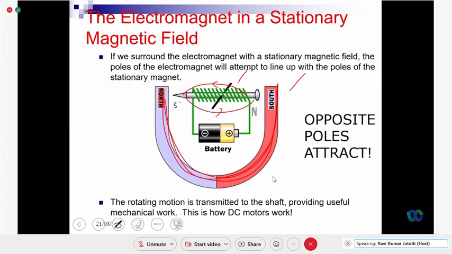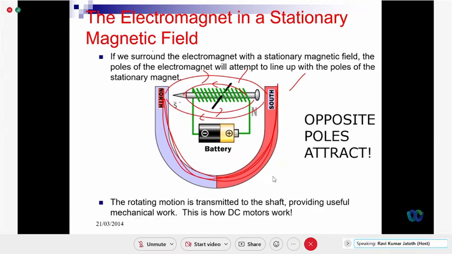And here, due to this, the magnetic field lines are also from north to south. So these two field lines cut each other and produce a force. Correct? Yes or no?